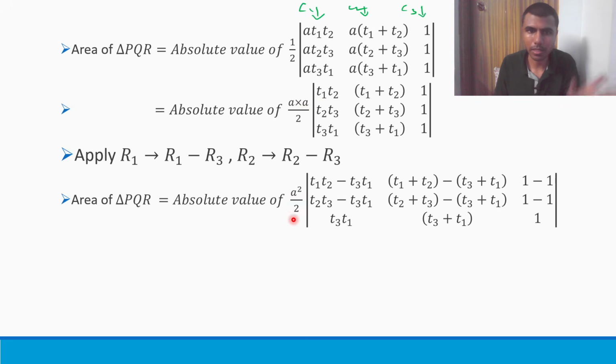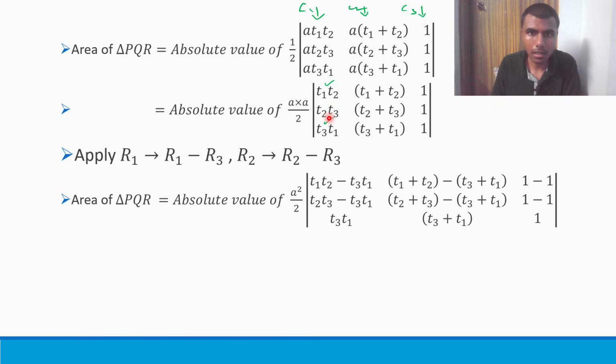A into A is A square. See, R1 implies R1 minus R3 means element of R1 minus element of R3. In place of this, I would get t1 t2 minus t3 t1. Likewise, t1 plus t2 minus t3 plus t1. Likewise, 1 minus 1.